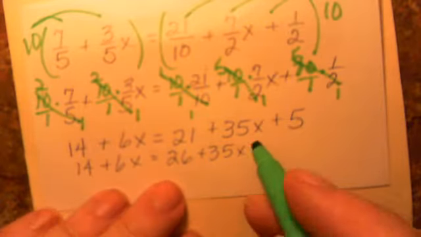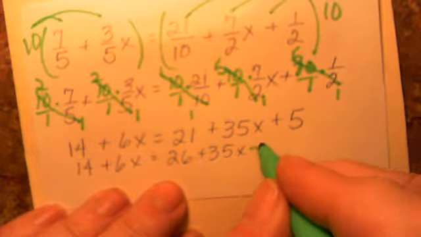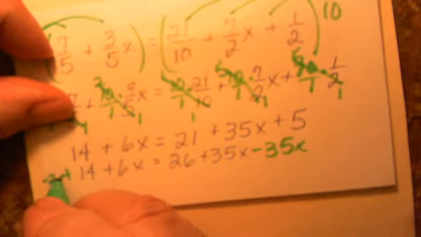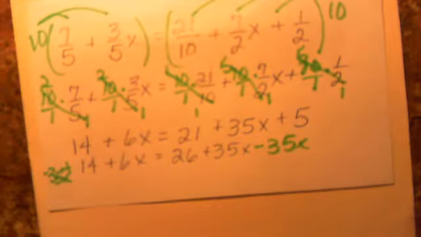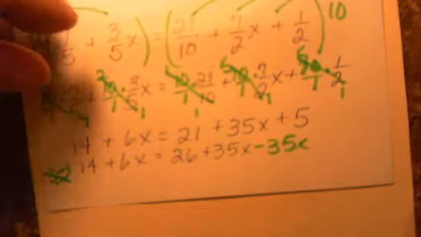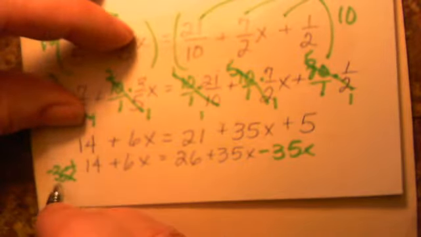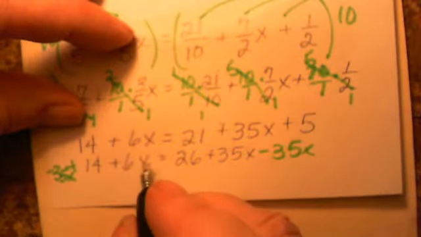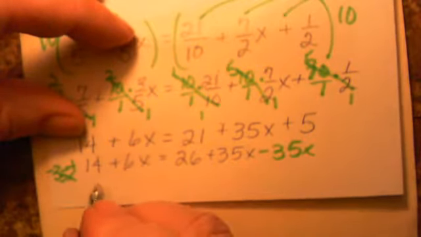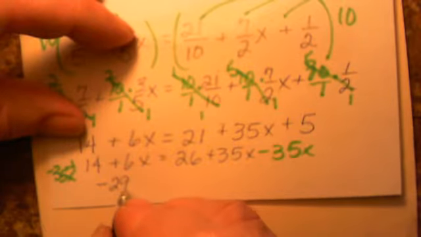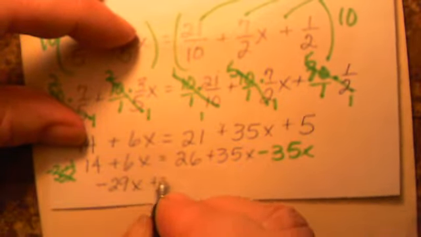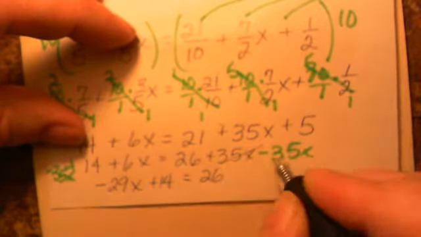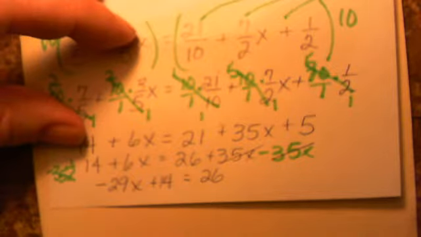Now let's get our x's to one side. Let's zero out this. Negative 35x plus negative 35x. And that gives us negative 35x plus 6x is negative 29x plus 14. And on this side we have 26, and our x terms zero out.